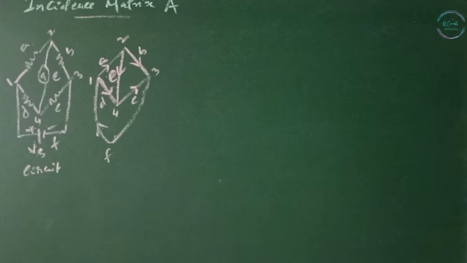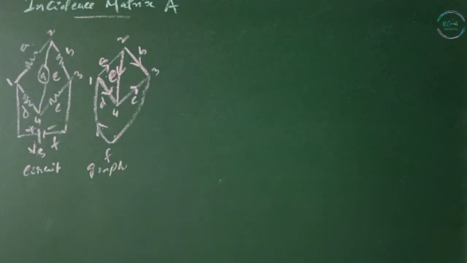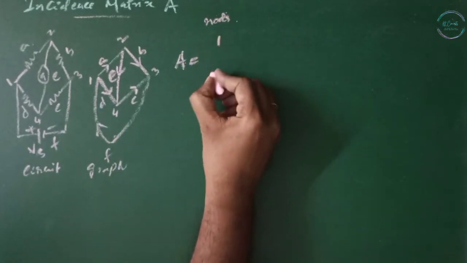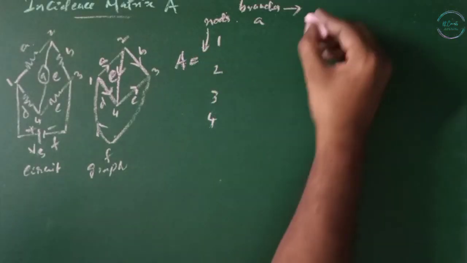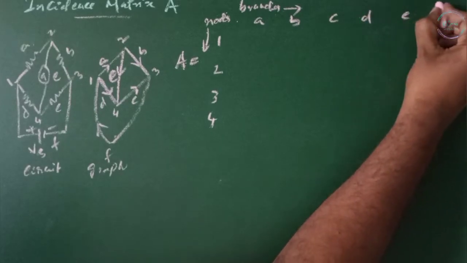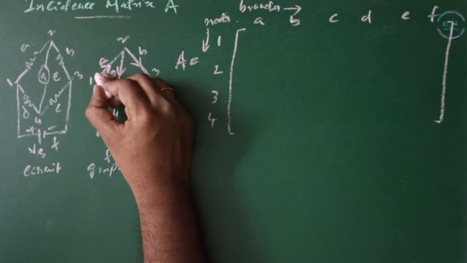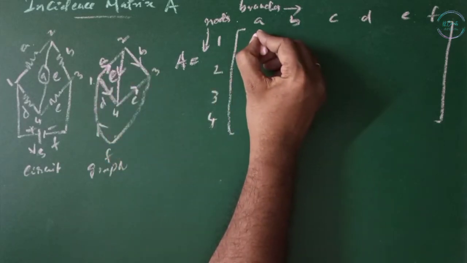We have the bridge circuit, and this is our oriented, connected graph. We can say the matrix A is given by the nodes 1, 2, 3 and 4, and branches A, B, C, D, E, F. The branch A is going away from 1, so this is 1.